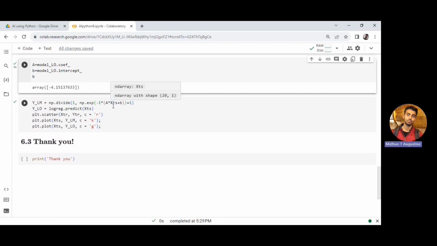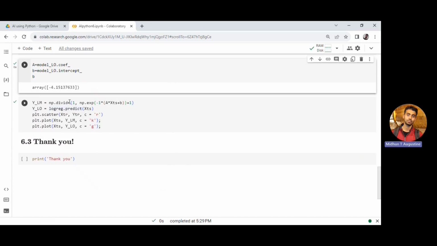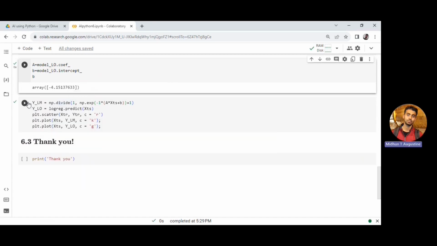Similarly, we can also use the predict function in logistic regression, and the predicted output we denote as y_lo. If we use this predict function, it will predict the value of output as either 0 or 1. However, y_lm will be a continuous curve, which is basically the plot of the logistic function.